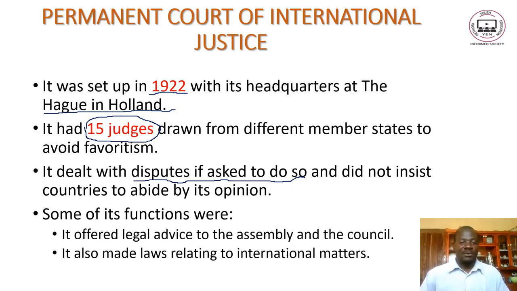Now, some of the functions of the Permanent Court of International Justice was to offer legal advice to the Assembly and the Council. The Assembly and the Council could get legal advice from those 15 judges of the International Court of Justice. And again, it also made laws relating to international matters. So that was the Court of Justice.